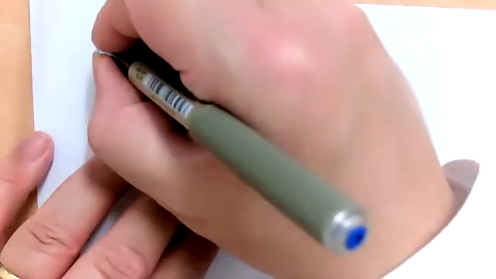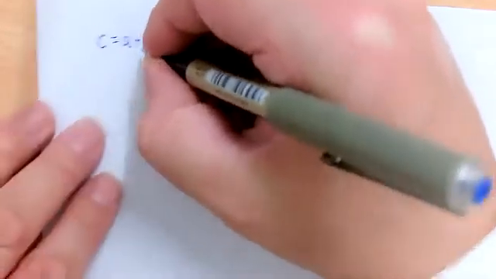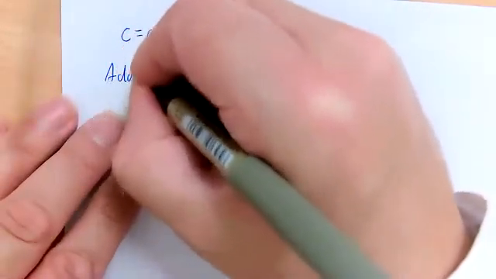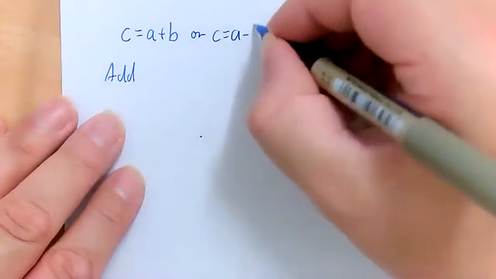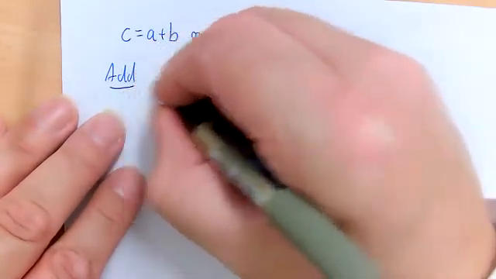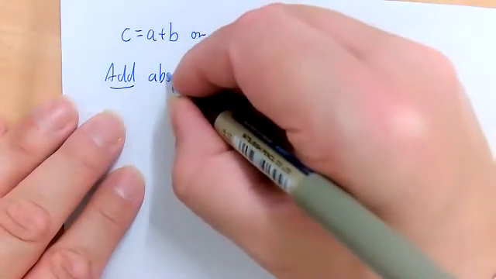Now, the other way to do this, if you're ever completely stuck, is to use the rules for combining uncertainties. For example, if you've got C equals A plus B, or C equals A minus B, you add the absolute uncertainties.